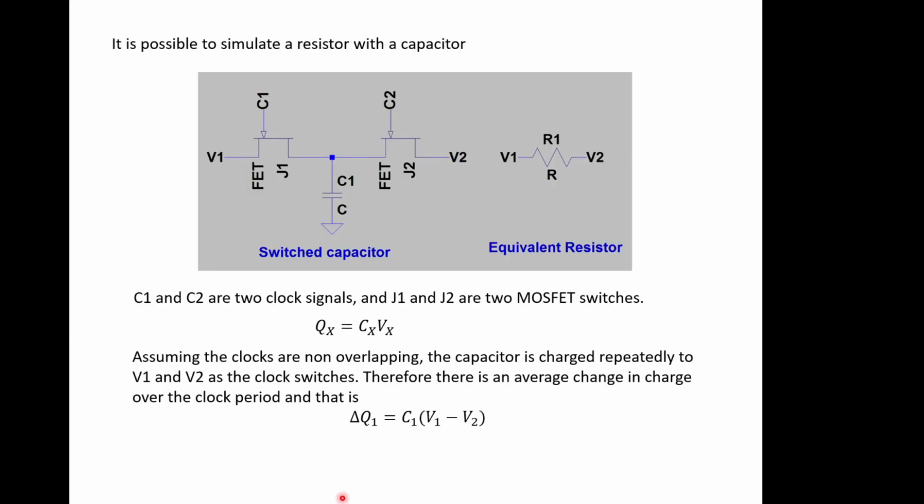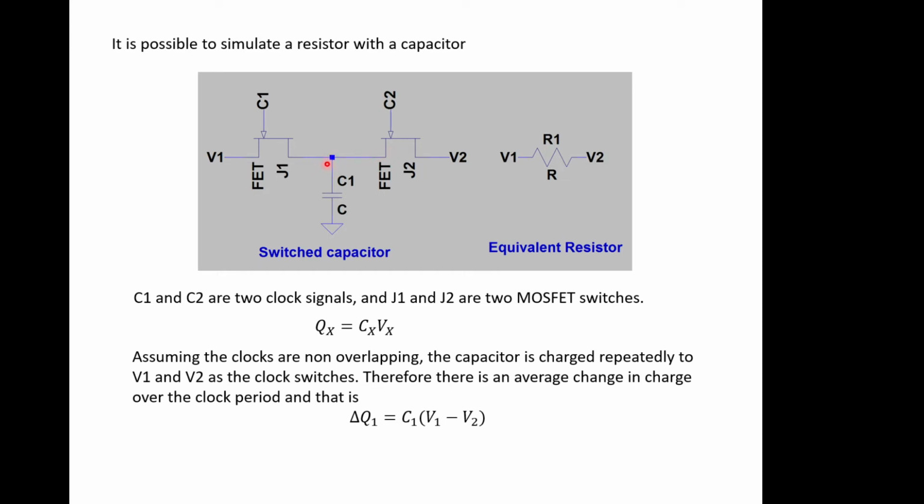Right, with that caveat out of the way then, we can look at it at a high level. It is possible to simulate a resistor with a capacitor. So here's a capacitor, and here are 2 switches. So I've put them in as FETs, transistors, but they could equally well be switches of any kind.